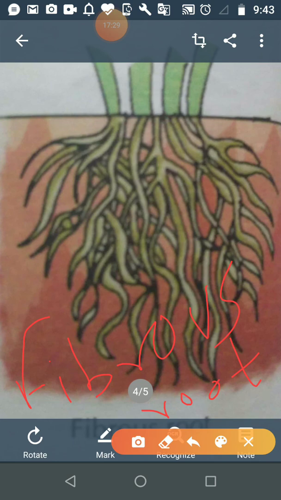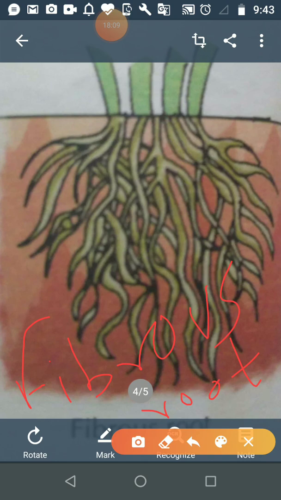So one more time I am explaining fibrous root. You write taproot, draw one middle line, write the headings taproot and fibrous root, and note down the points I am telling you, then you will be able to understand the difference between a taproot and fibrous root.